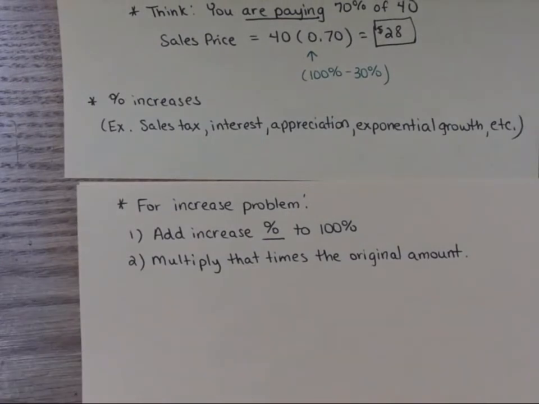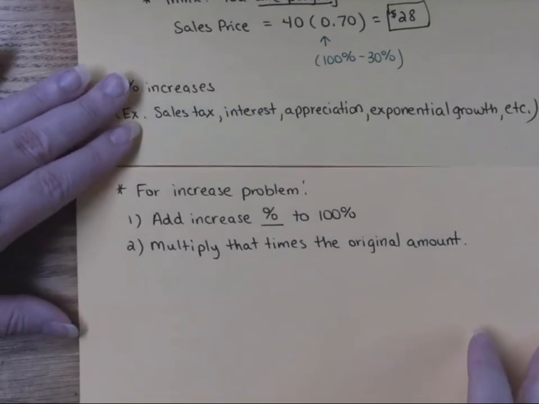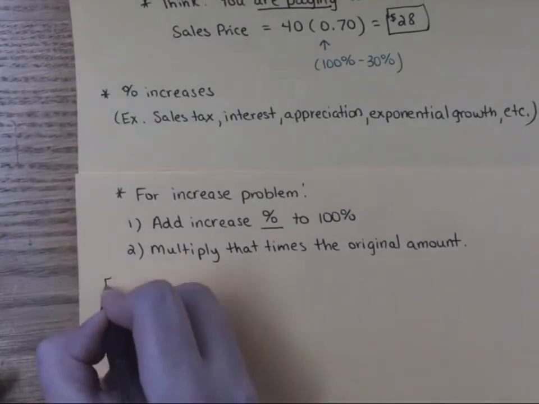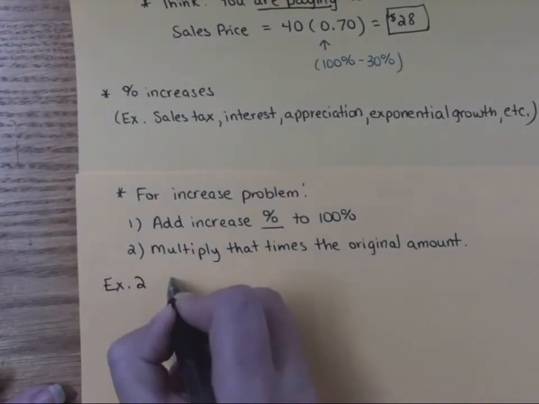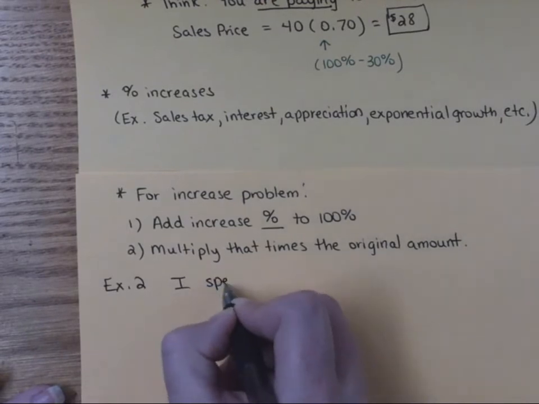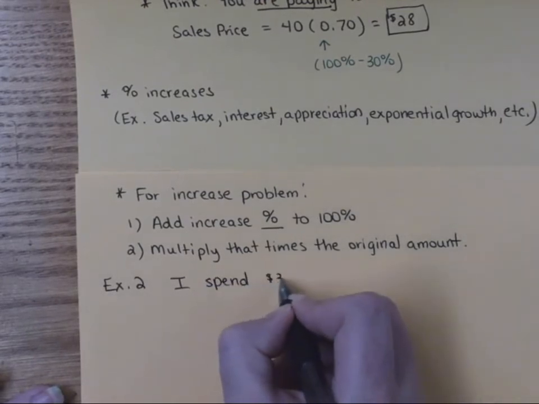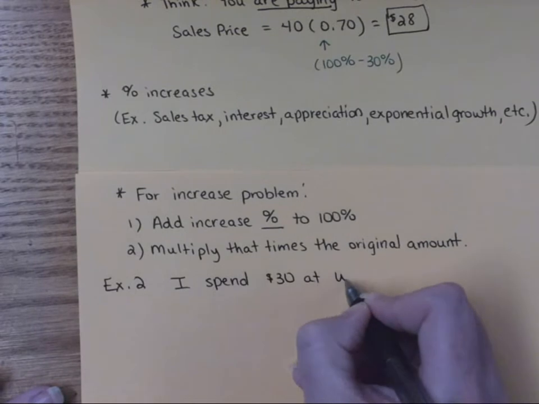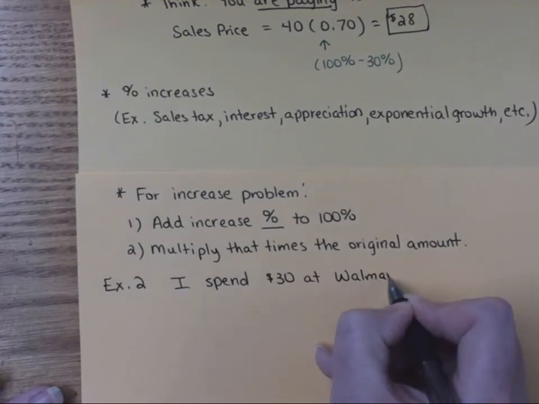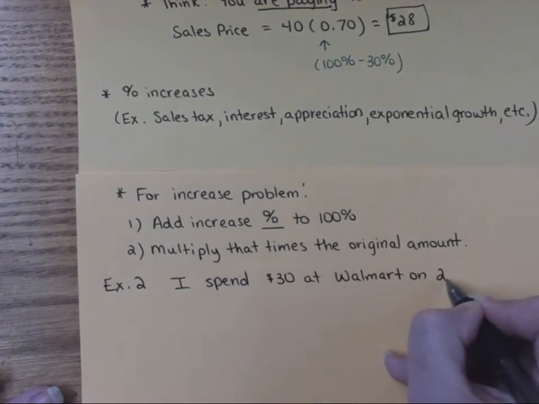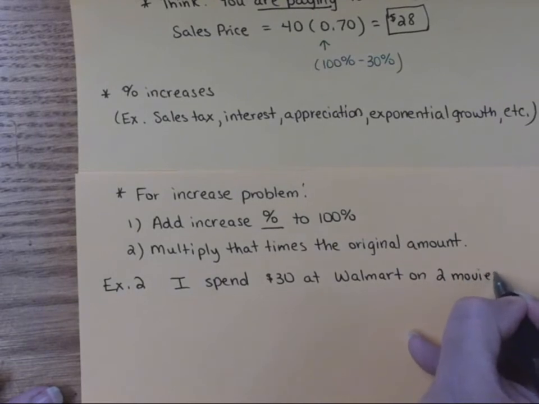Okay, so let's try one like that. And again, I want you to maybe resist the urge to do it the way that you have done it and try it this new way. So let's say that I spent $30 at Walmart on 2 movies, but that's before tax.